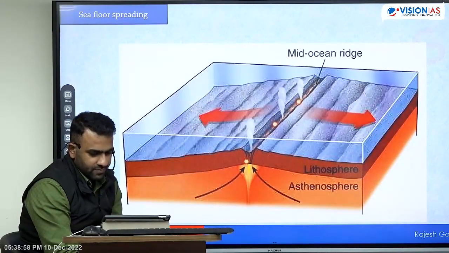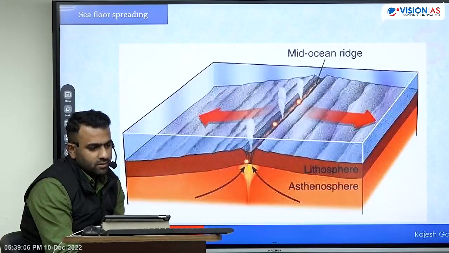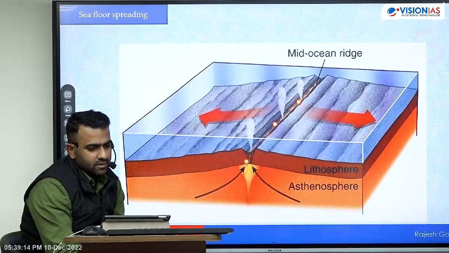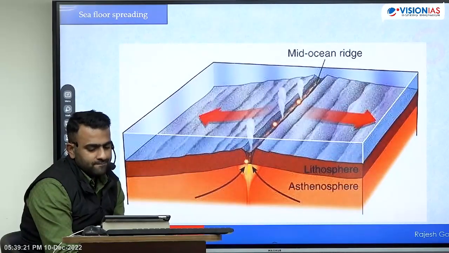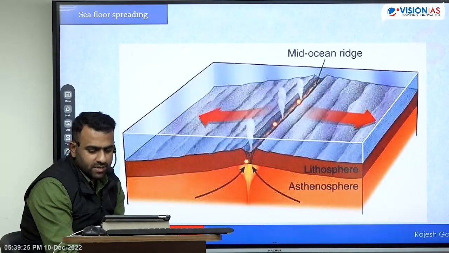Next point, the ridges are volcanically active, resulting in continuous eruption of magma.